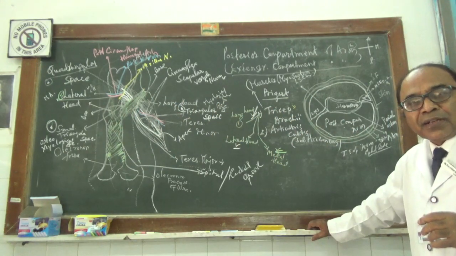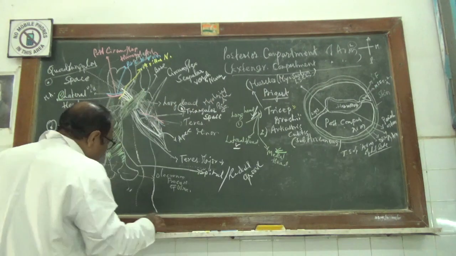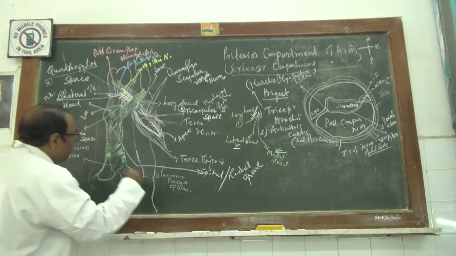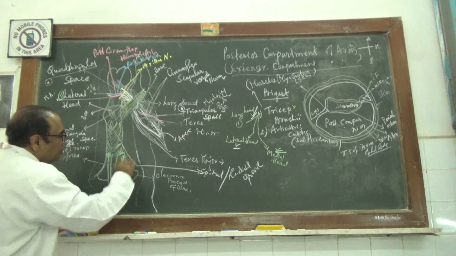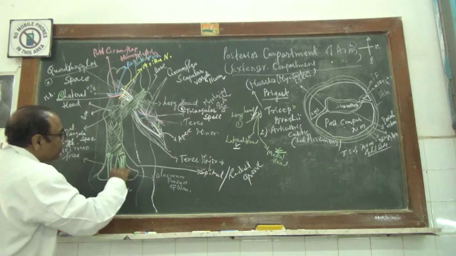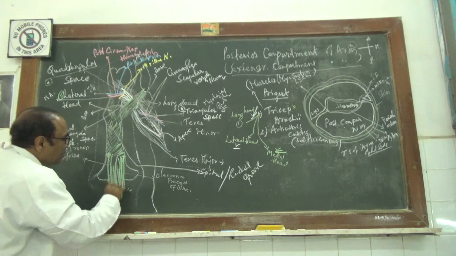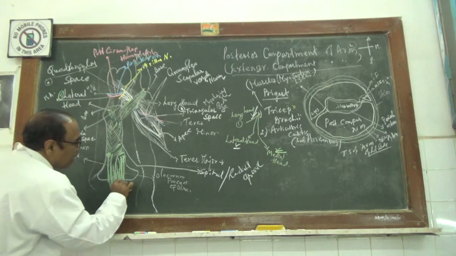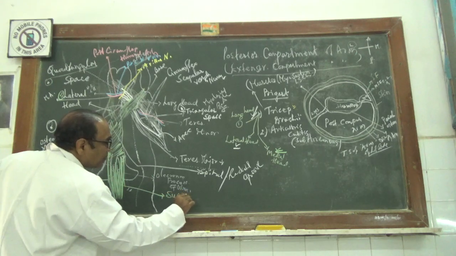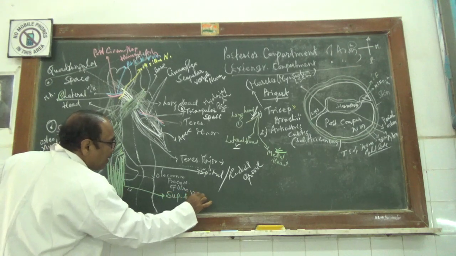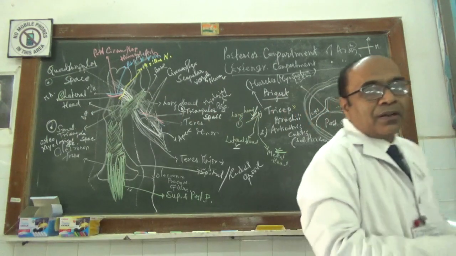That is the triceps muscle bulk, and at last it is inserted on the superior and posterior part of the olecranon process of the ulna.